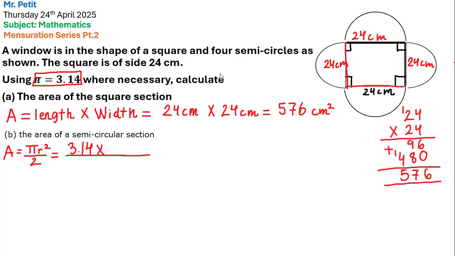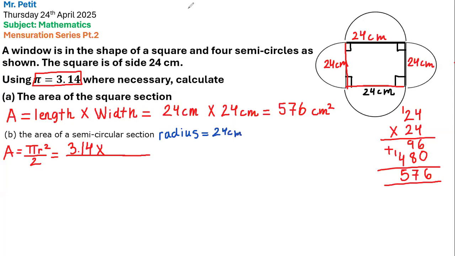12. How do we figure out the radius? Divide the diameter, which is 24, by 2. Very good. Not only one person answering, please. How are we going to get the radius? Divide 24 by 2.